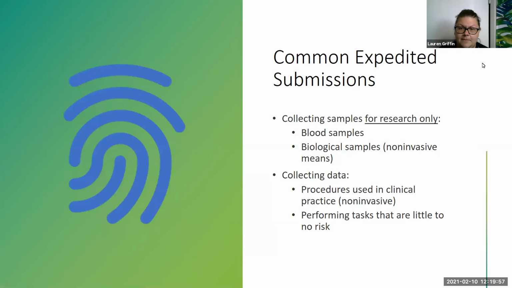Common expedited submissions include collecting samples for research: blood samples, biological samples, saliva, urine, things that don't require you to actually go into people and get it. And collecting data, so procedures that are used in clinical practice, something that's non-invasive, performing tasks that are little or no risk.